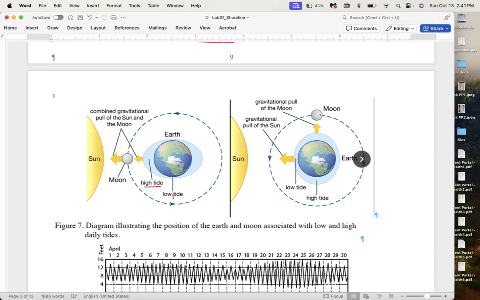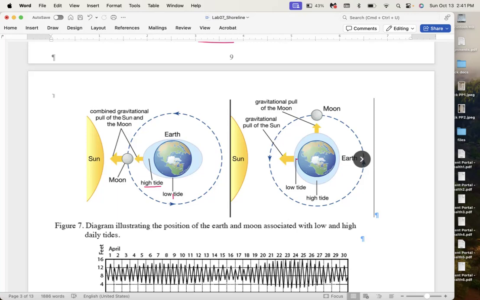When the moon is in its quarters, that is 90 degrees to the sun, you still get a high tide, but the maximum high tide is following the moon.